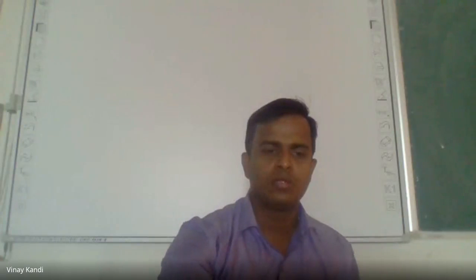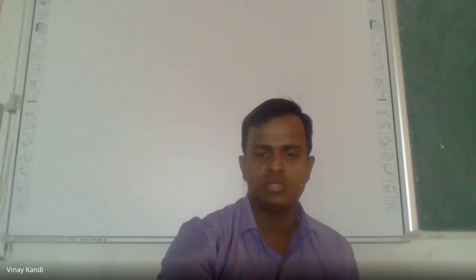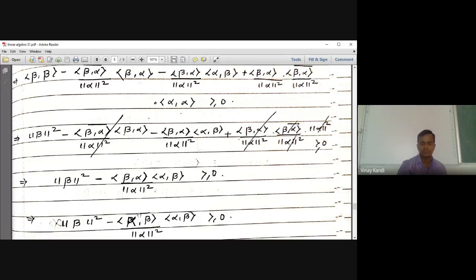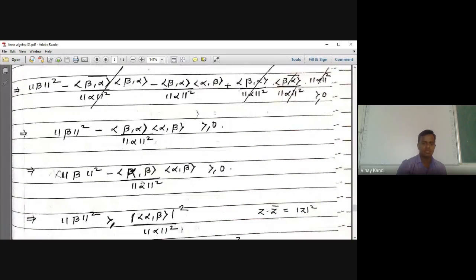So the remaining part is norm of beta square minus this part, the inner product of beta alpha into the inner product of alpha beta upon norm of alpha square, which is greater than or equal to 0. Similarly here, norm of beta square minus alpha beta bar. Write this beta alpha as beta alpha bar, and the inner product of alpha beta upon norm alpha square, which is greater than or equal to 0.